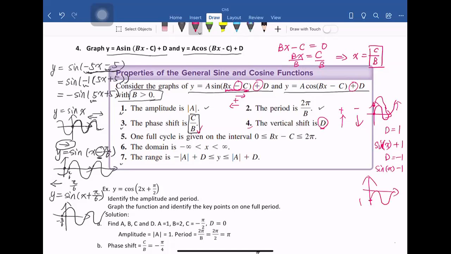Okay, let's see the next property. One full cycle is given on the interval bx minus c between 0 and 2 pi.